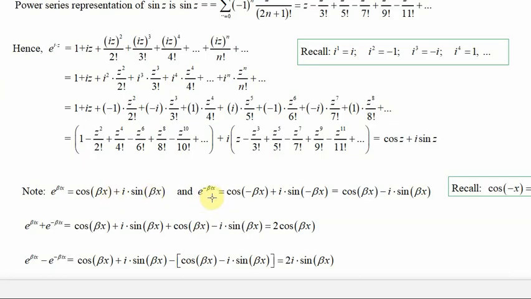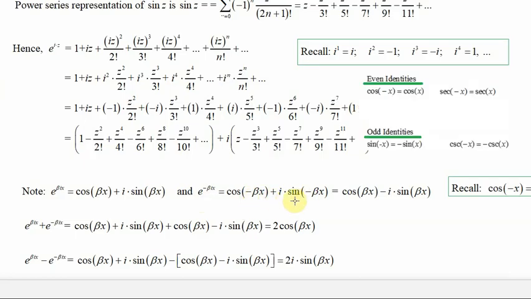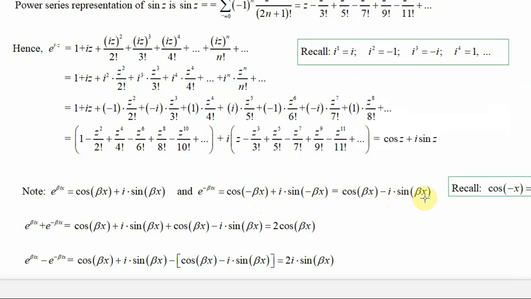And if we have e to the negative beta ix, then it'll be cosine negative beta x plus i sine negative beta x. But recall that cosine is an even function, and so cosine of negative beta x is just cosine of beta x. And sine is an odd function, and so sine of negative beta x is going to be negative sine of beta x.